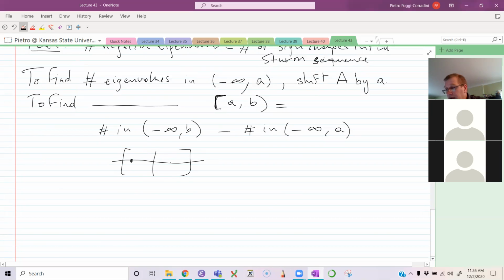You figure out there's 0 here and 1 there, so then you split this one in half. There's 0 here and 1 there, then you split this one in half, then there's 0. The bisection method will kind of zero in geometrically on an eigenvalue. That makes sense.